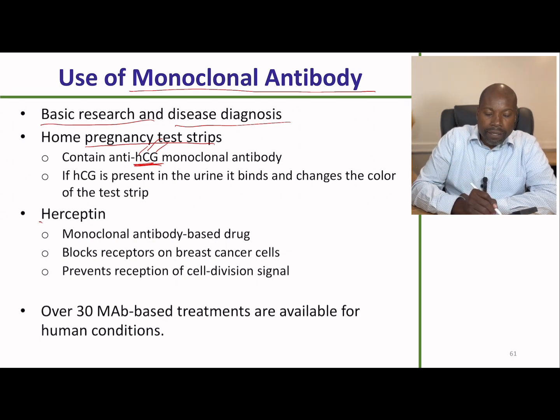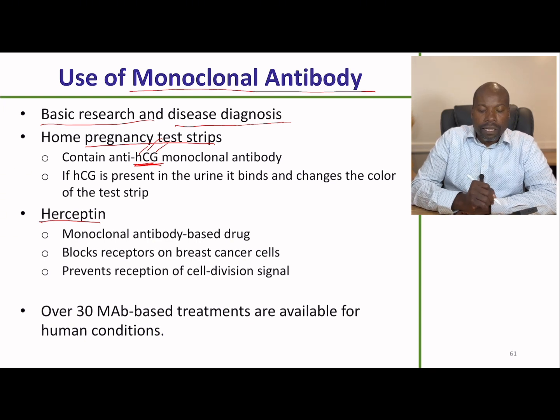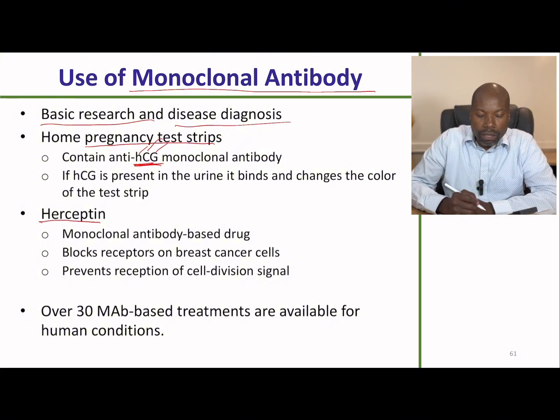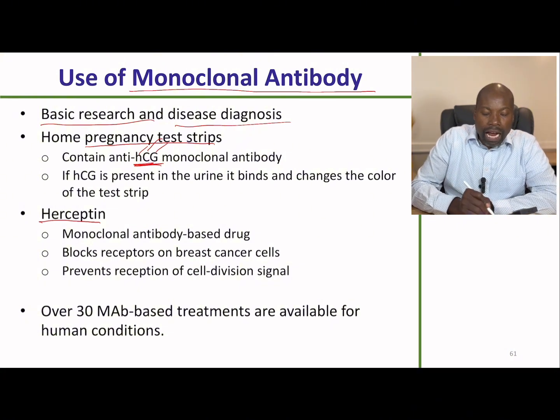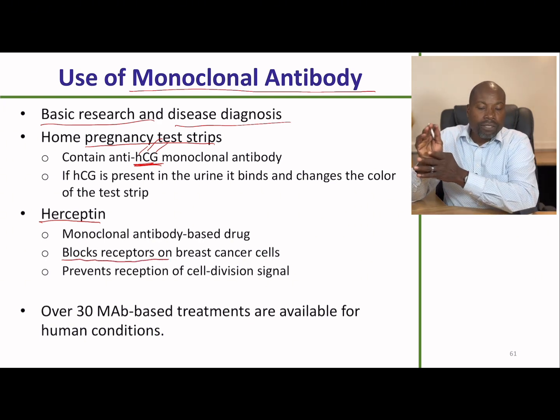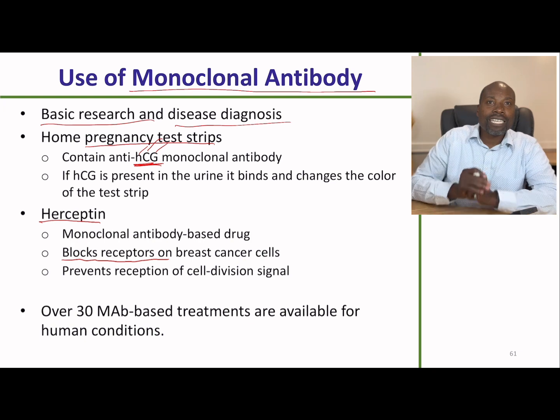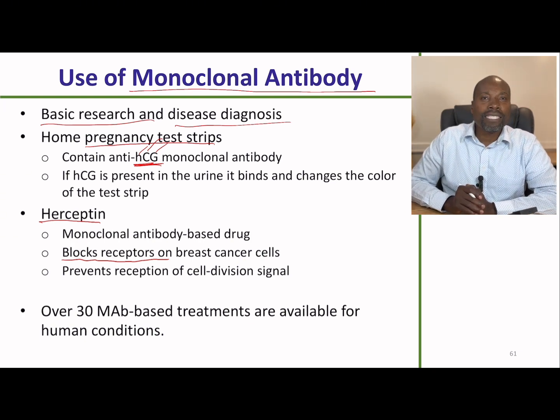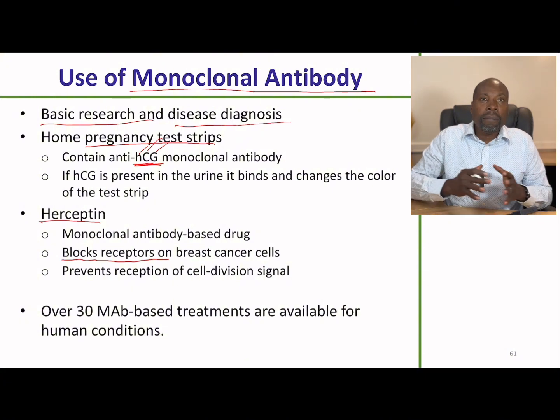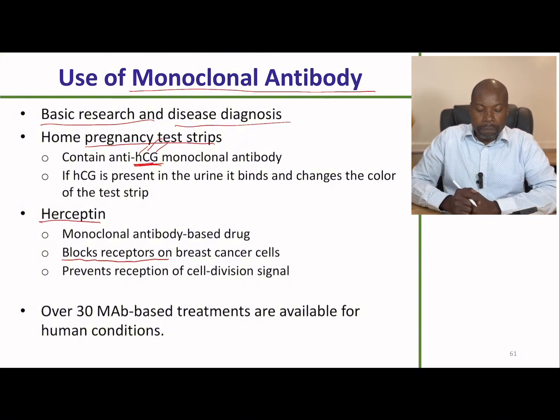We have the Herceptin, right? This is a drug, actually, an antibody that is used as a drug. Its job is going to be to block the receptors on the breast cancer cells, which is going to prevent potentially breast cancer cells from multiplying, right?